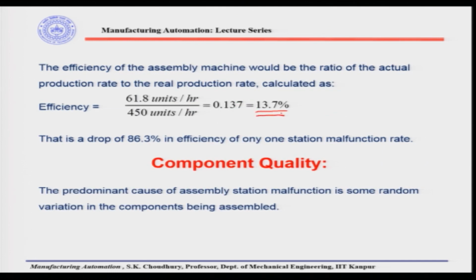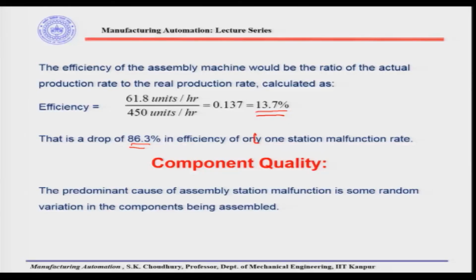Just imagine that 86.3% drop in the efficiency from only one station malfunction. Okay, 86.3% drop, because 13.7% is the efficiency, meaning that only 13.7% of the total production time the machine is working, that is what the efficiency means.